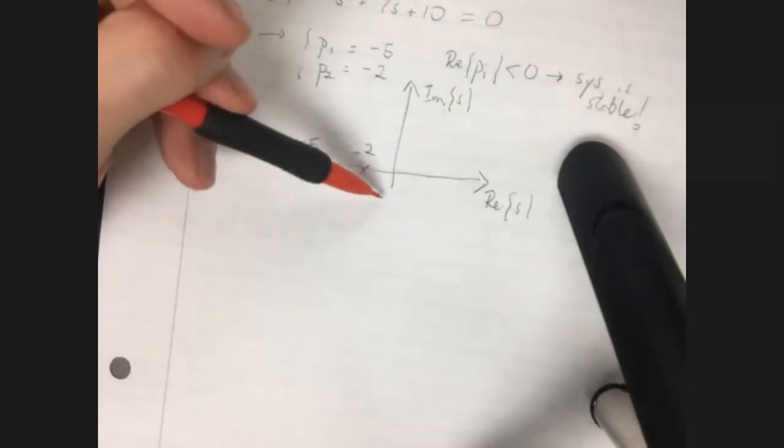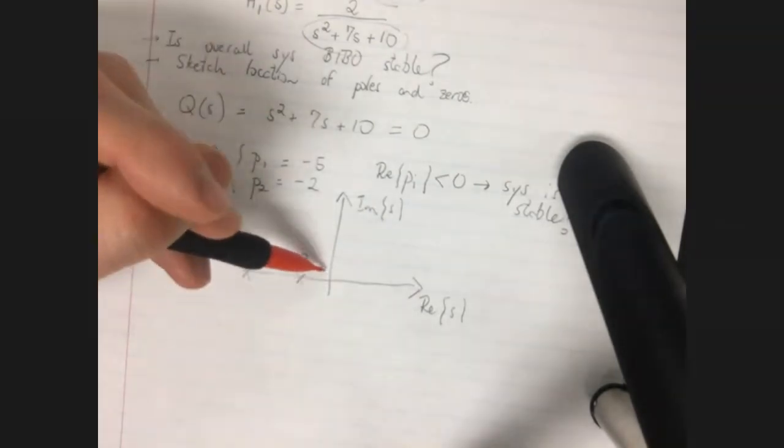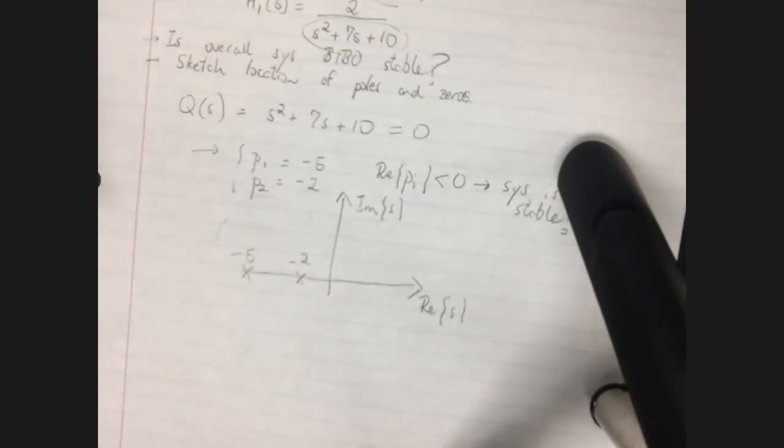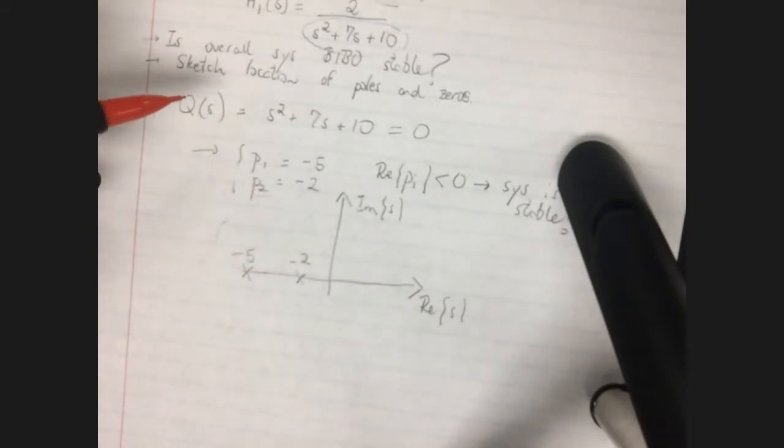So we can see that everything is on the left. So as you can see, the poles are all on the left-hand side, which indeed means we can guarantee the system is going to be stable. There's no zeros for this system.